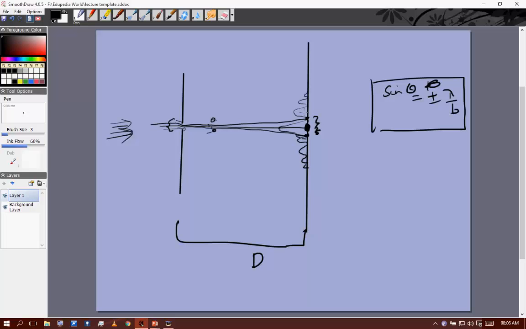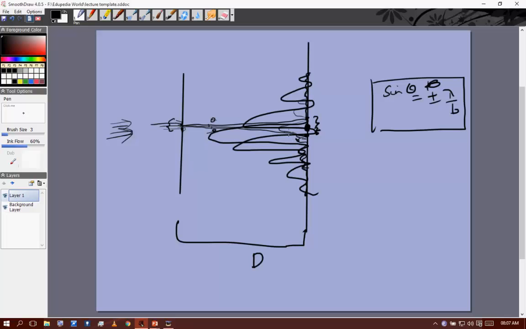Now also you need to see, as b gets larger, sine theta gets smaller, so theta gets smaller. So if this slit is very small, in that case you might see a pattern like this. If this slit is very large, then all you'll see is a pattern like this, which to us would look like just a single bright spot. So it's more of a matter of scale.